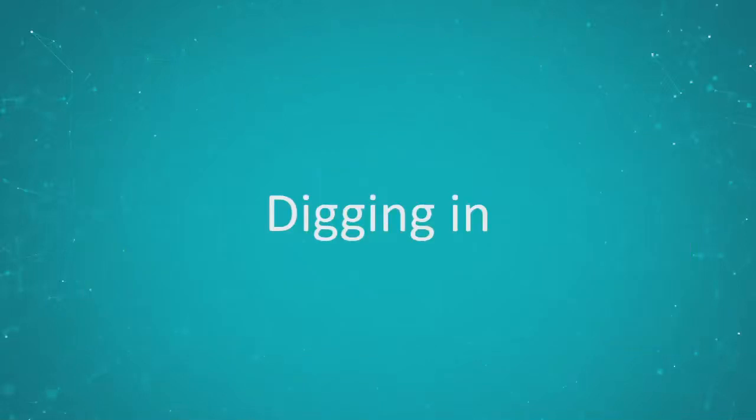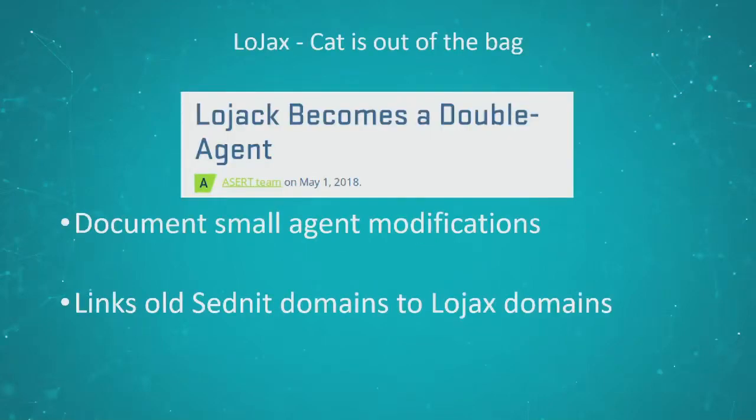So although these vulnerabilities were quite old, since the research was in 2009, we didn't see a widespread use of this vulnerability in the wild until May 2018, when the ASERT team from Arbor Networks published a blog post titled LoJack Becomes a Double Agent.